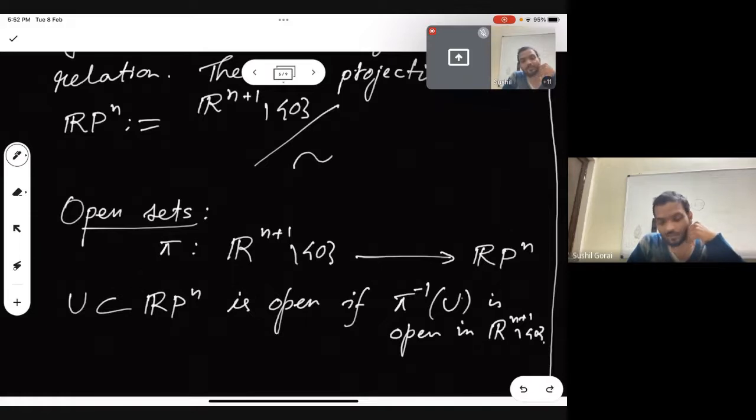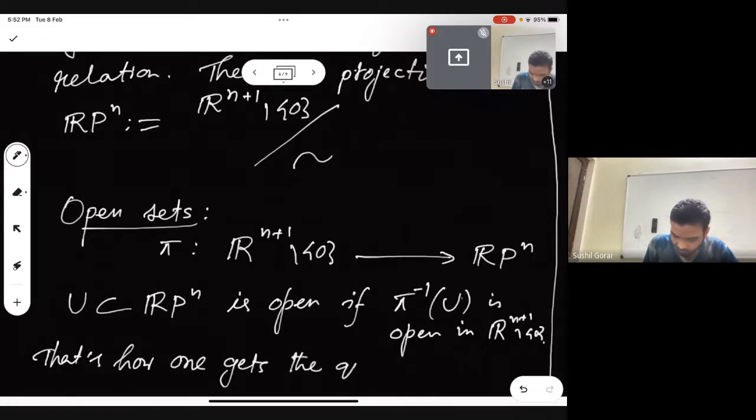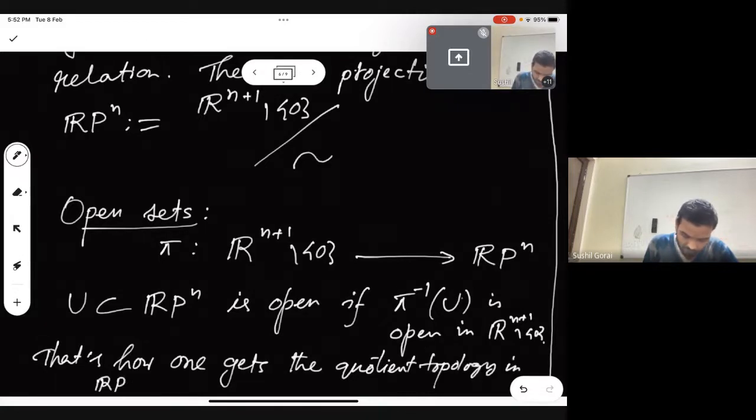The topology on RPn is the quotient topology. So now any idea about Hausdorffness?